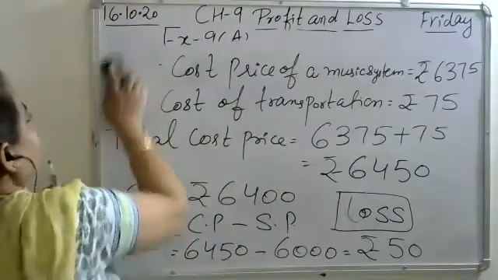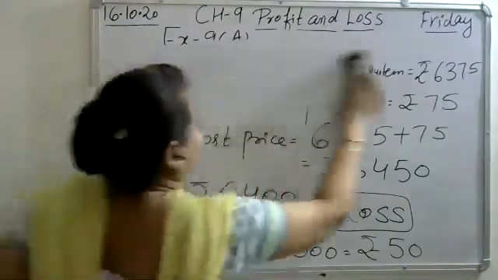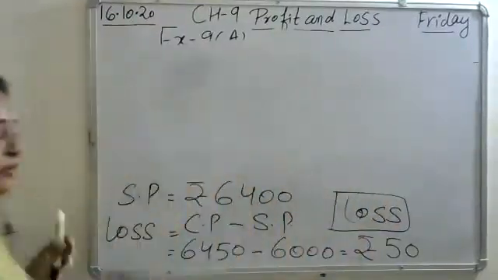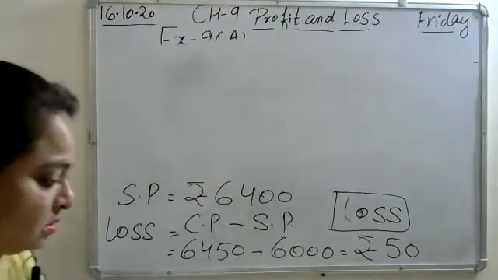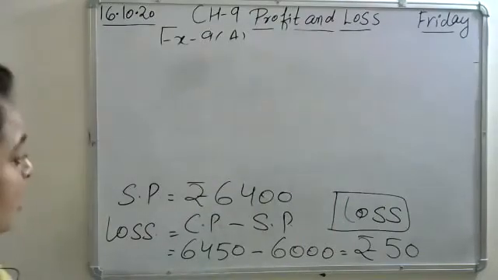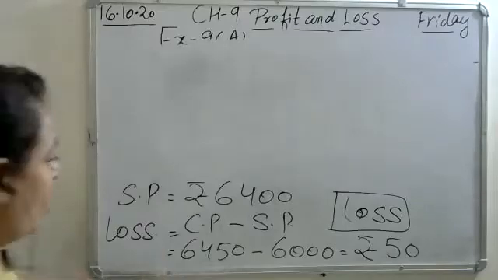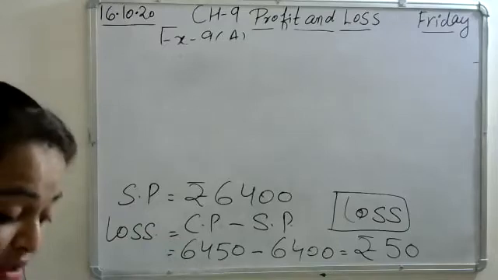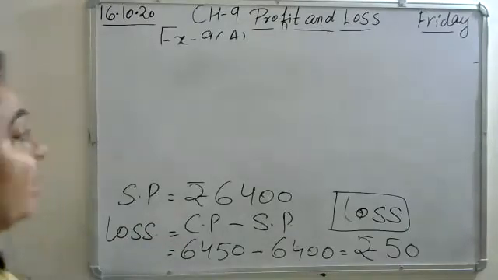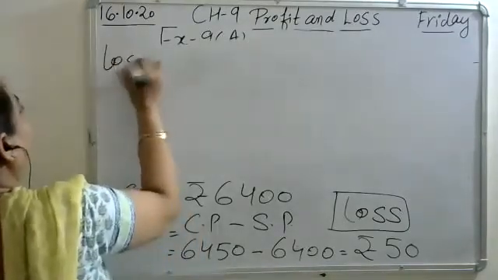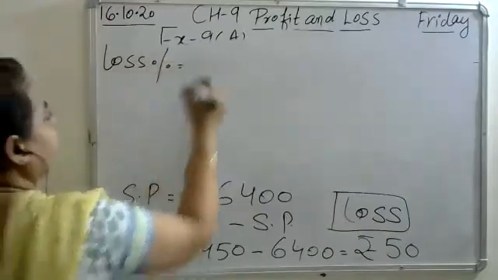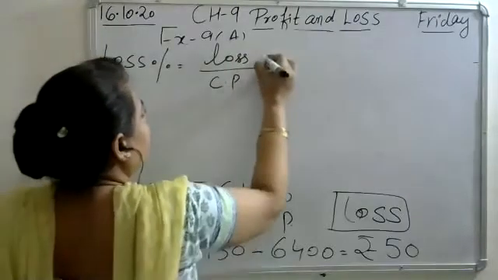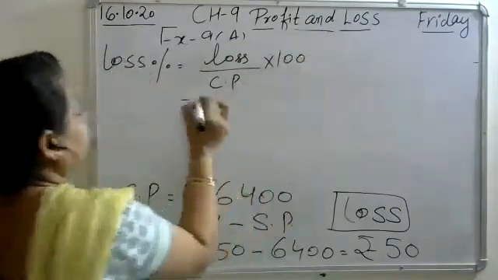Now the next is, the question is not only to find the loss. The question is to find the loss percentage. So loss percentage is loss over CP multiplied by 100.